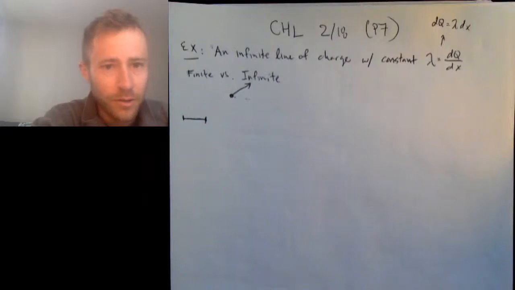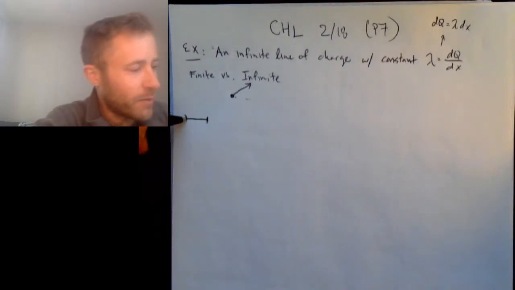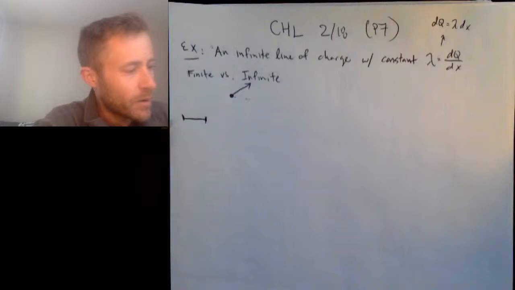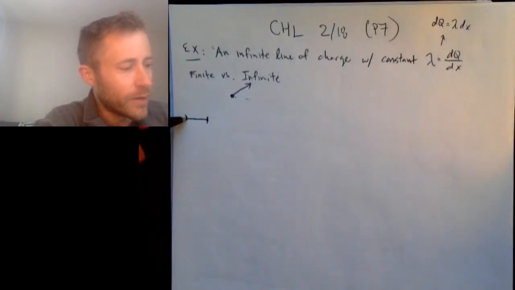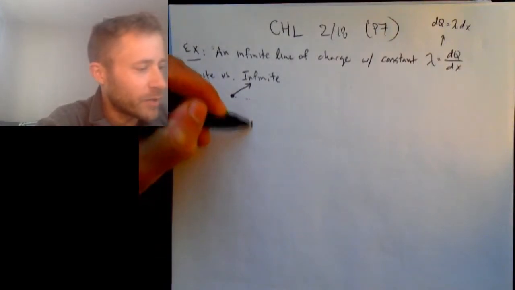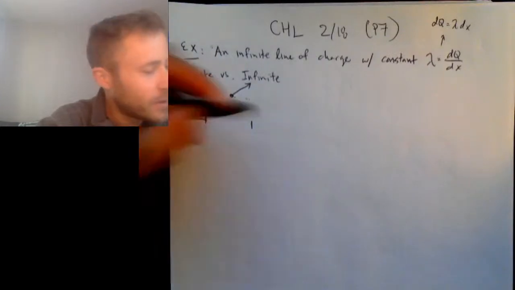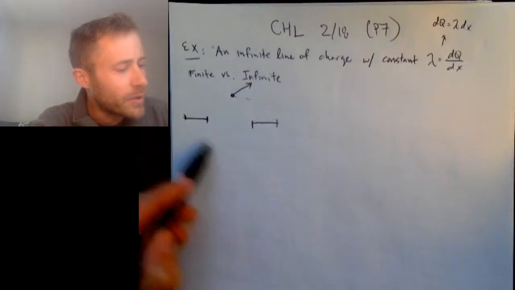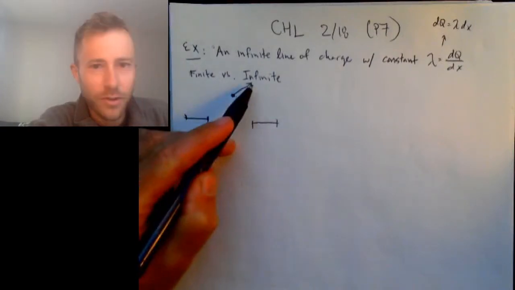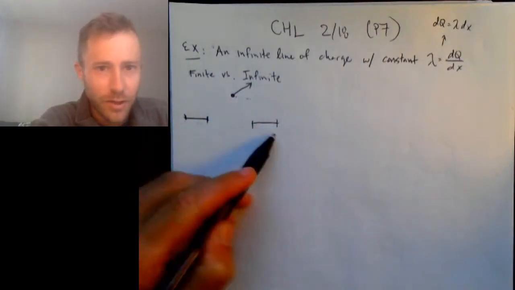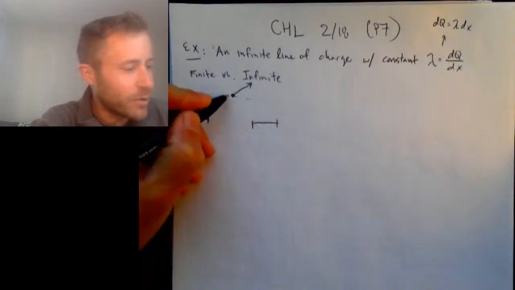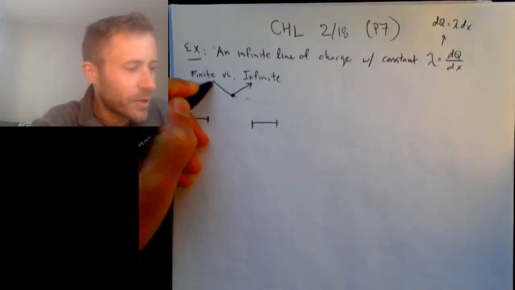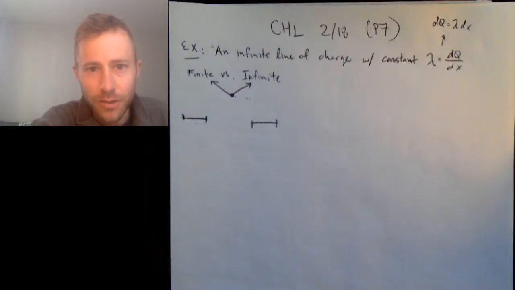But now let's imagine that we have 2 finite lines of charge that are symmetrical about this point. So this piece creates an electric field that goes that way. This piece creates an identical electric field because it's symmetrical that goes in that direction.